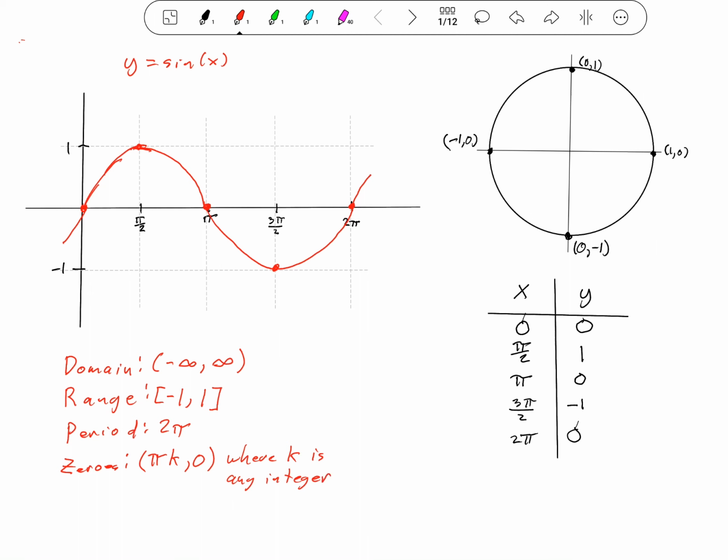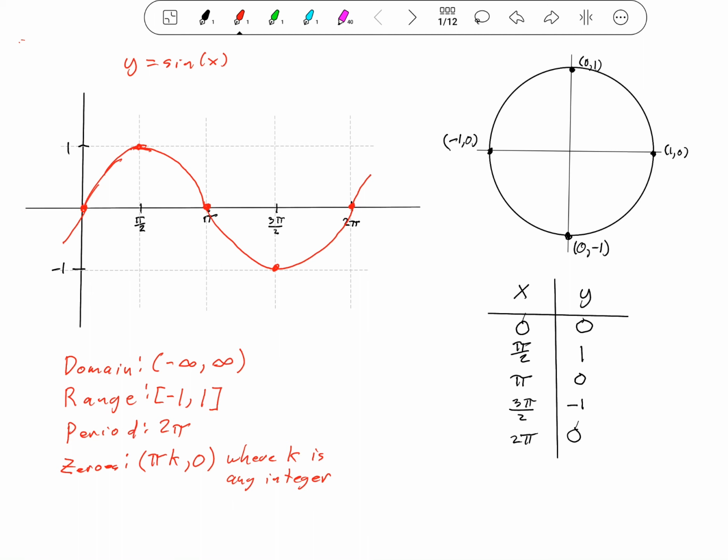So if k is 0, I get a zero at 0, 0. If k is 1, I get a zero at pi, comma 0. If k is 2, I get a zero at 2 pi, comma 0. If k is 257, there's another zero at 257 pi, comma 0. And so that's all of the zeros.